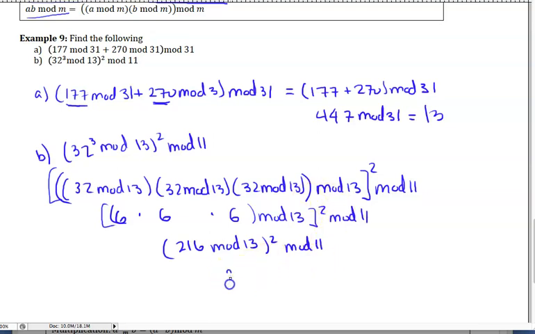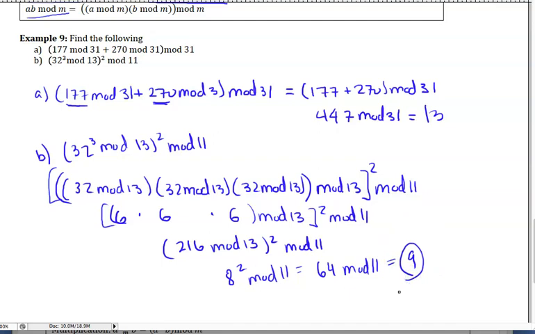So we get 8 squared mod 11. 8 squared is 64. Then we do 64 divided by 11, which gives me 5, with a remainder of 9.